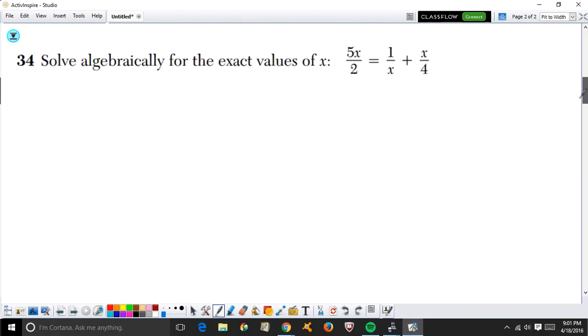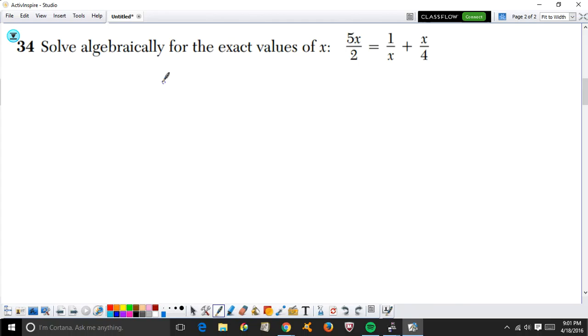So now, in example 34, we want to show algebraically the exact value of x for which this is equal. We want to modify this equation and solve for x.